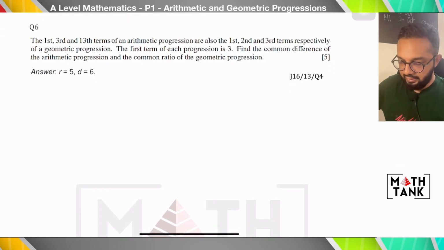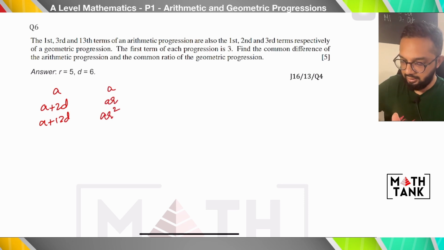It says the first, third, and 13th terms of an arithmetic progression are also the first, second, and third terms of a geometric progression. The first term of each progression is 3. So these terms are actually 3, 3 plus 2d, 3 plus 12d.